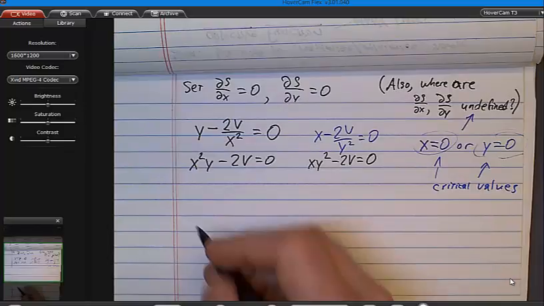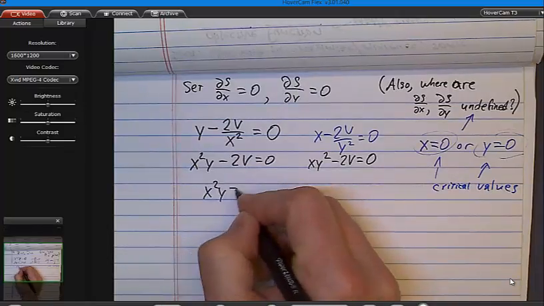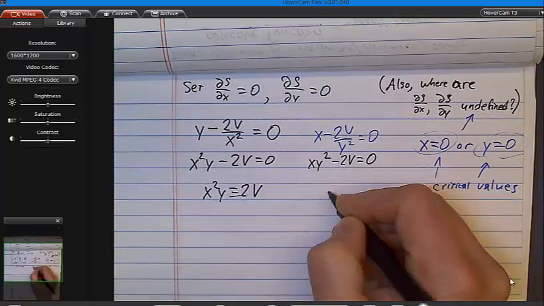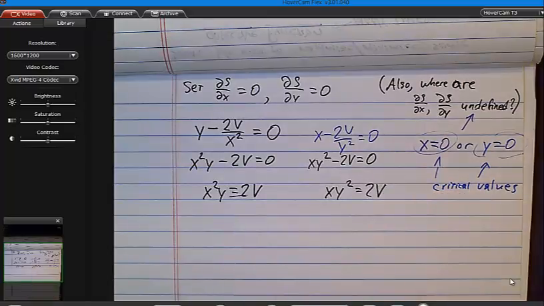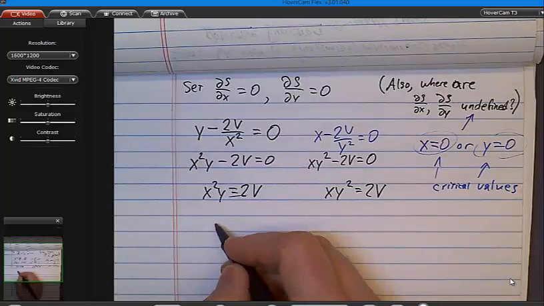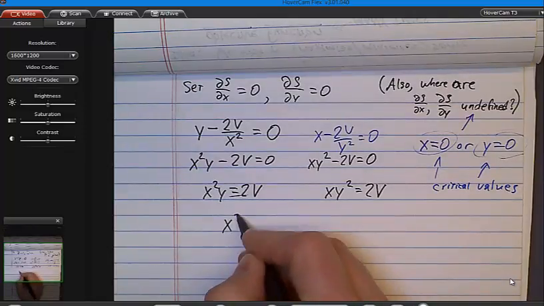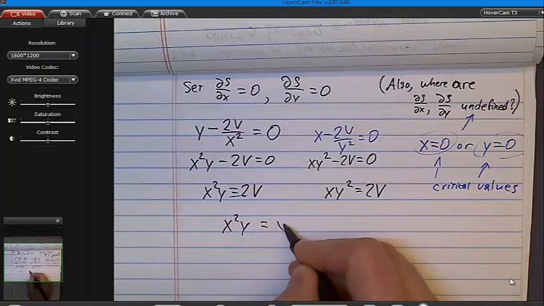I mean, I have that x squared y is equal to 2v from this equation, and I have xy squared is equal to 2v from this equation. So you know what must be true? I guess in this situation, I can say that x squared y is equal to xy squared, right?